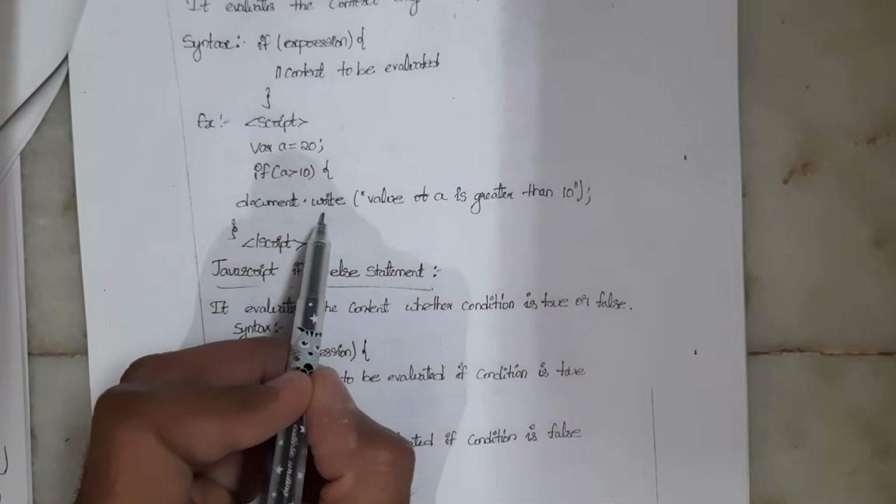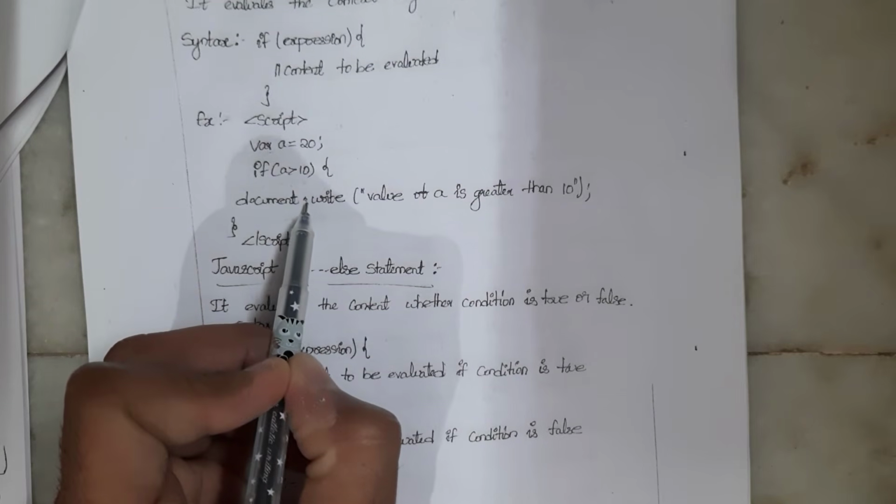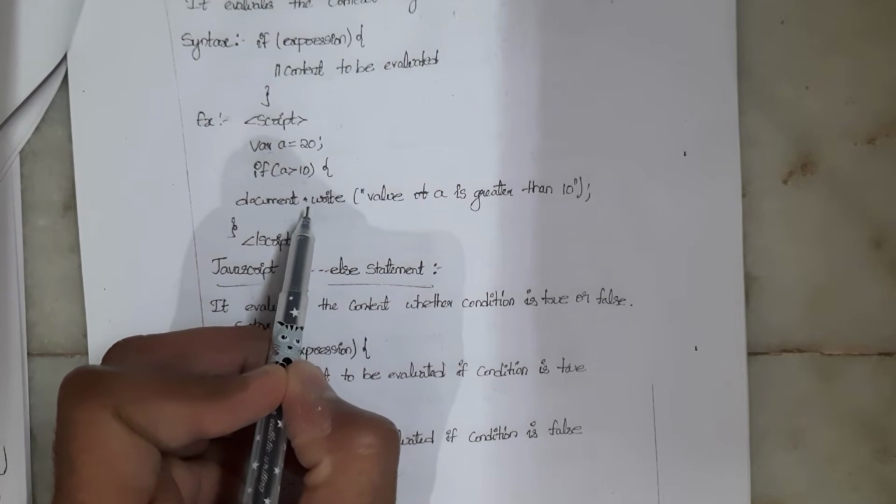And instead of writing echo, we need to write document.write, which is JavaScript code used to generate output. We need to write this program inside the script tag, inside HTML in body, and inside this script we need to write this program. Rest everything is the same.